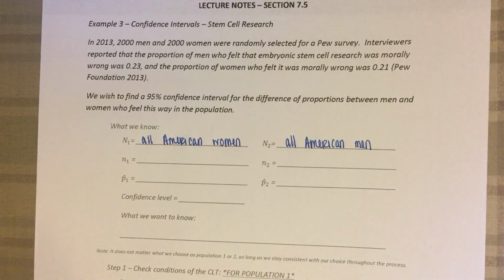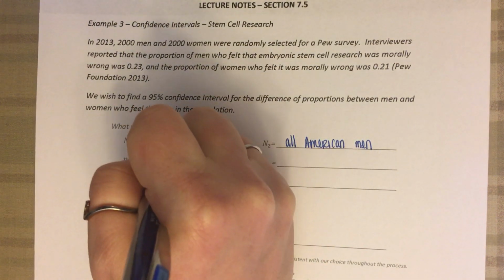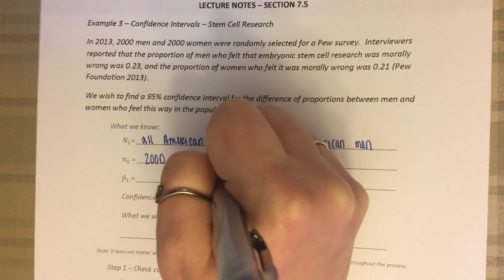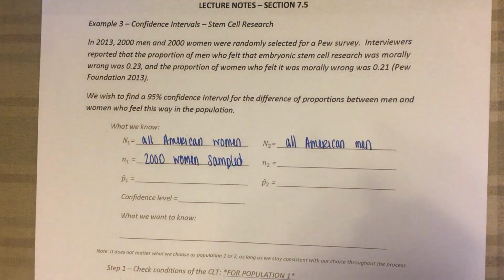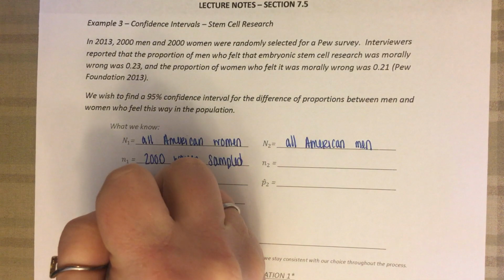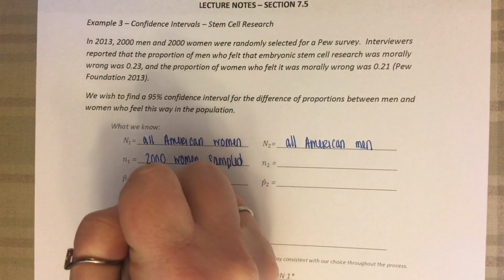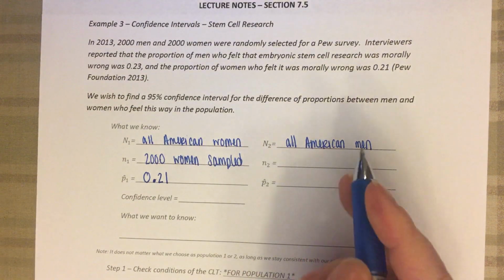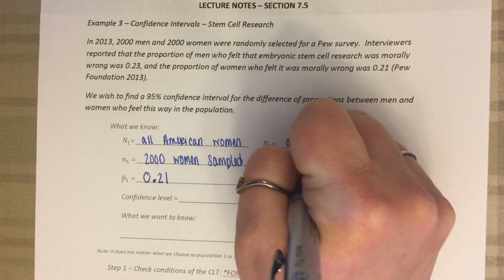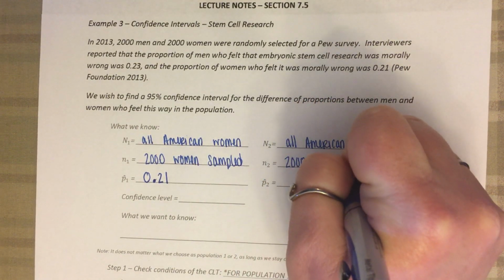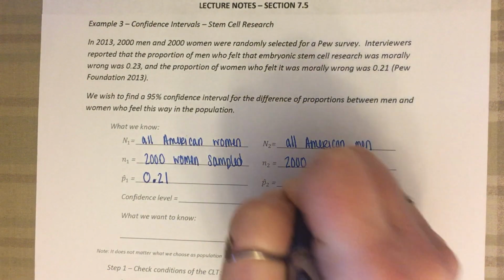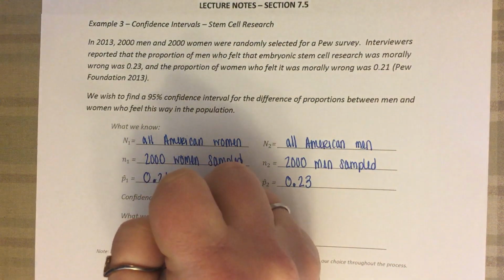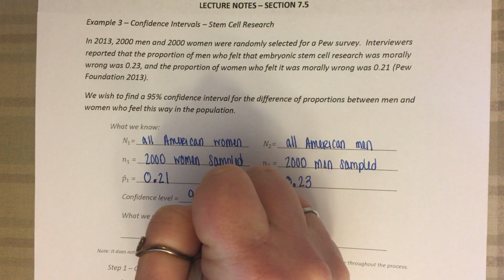So our N1, our first sample size, is 2,000 women that were sampled. Out of these women, we had 21%, so 0.21. There's our P1 hat. Population 2 was all American men. There were also 2,000 men sampled, and that proportion was 0.23. Our confidence level is 95%.